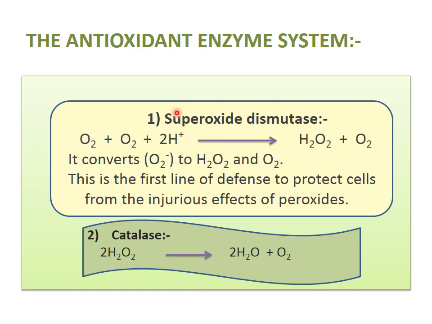So it reduces the effect of the superoxide ion. This is the first line of defense to protect cells from the injurious effects of peroxides. Then the second enzyme is catalase, which acts on hydrogen peroxide and converts it into water, and reduces the effect of hydrogen peroxide.